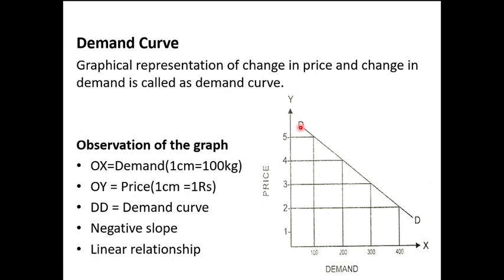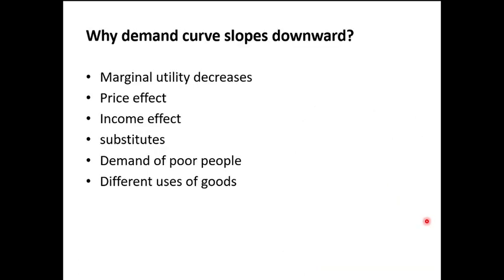This slopes downward from right to left. You can also say that the demand curve slopes downwards from right to left side. What is the reason? The first reason is that marginal utility decreases. Of course, we know that.